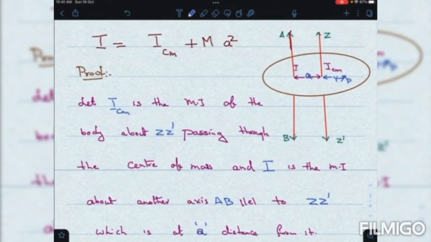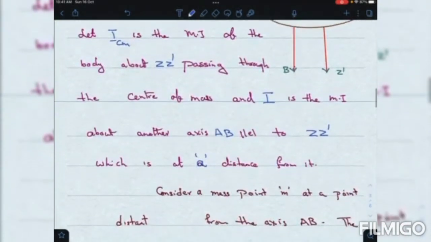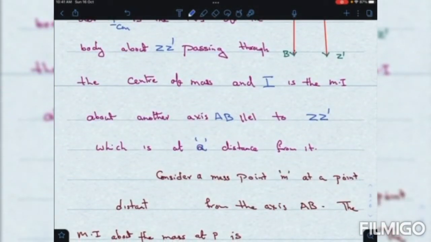So it is at a distance y plus a away from AB. So consider a point mass m at a point P, at distance y plus a from the axis AB.